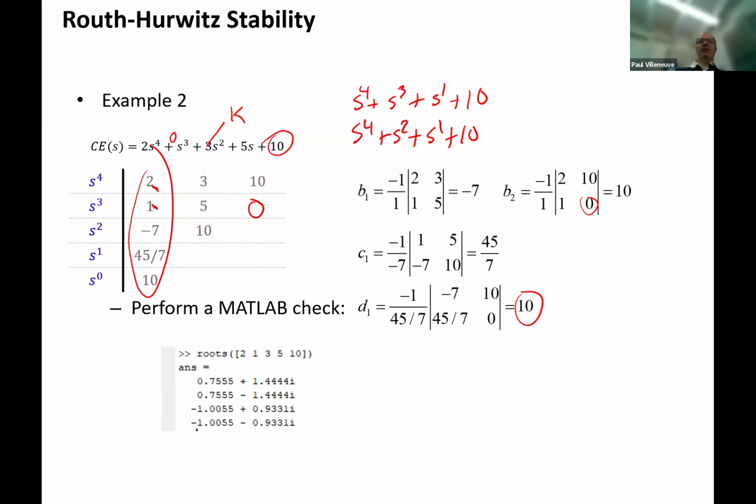Yep, nothing you can do. So if you had a 0 here, you can't even do the Routh-Hurwitz approach because you're going to end up with an infinite number when you get there. Okay?